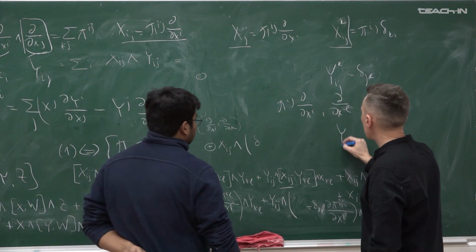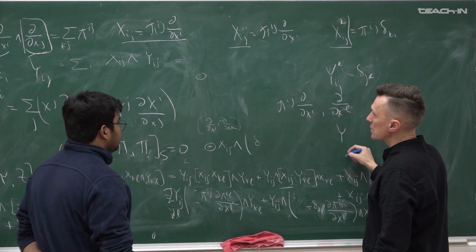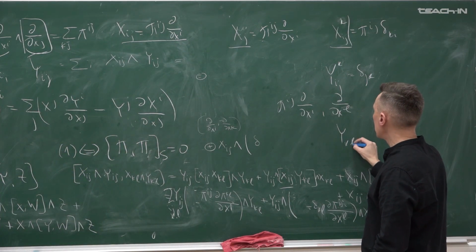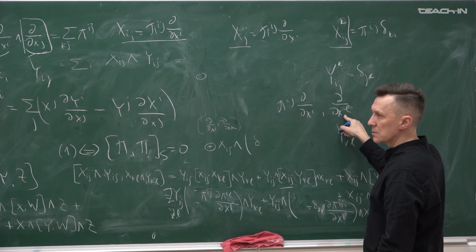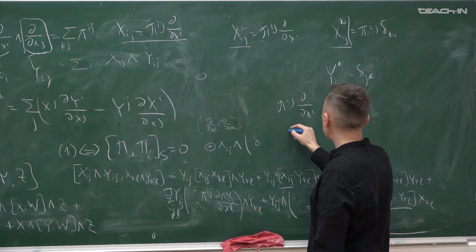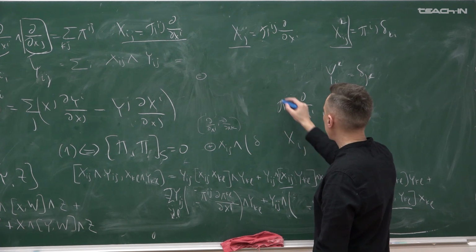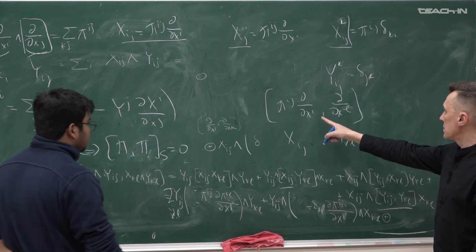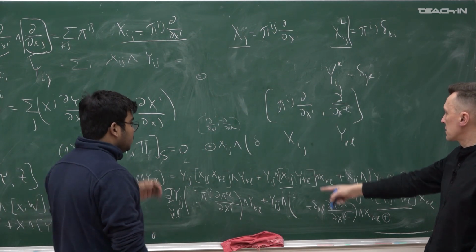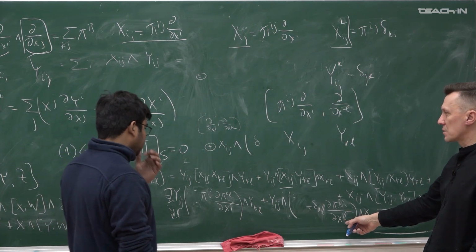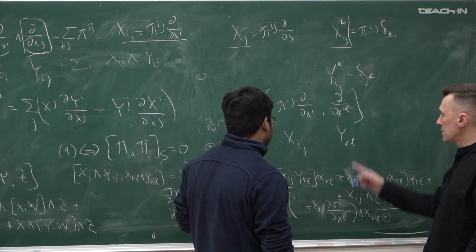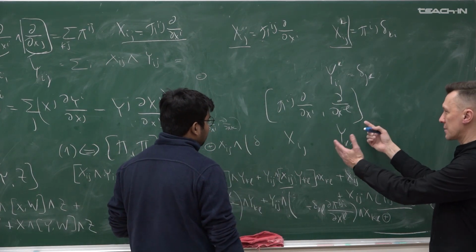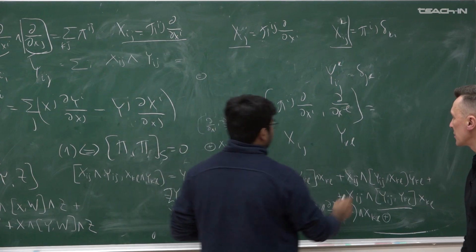So this is y kl. And this is x ij. Yeah, we have already done it. It is more visible here. You have more chances to make a mistake here. Okay, this is clear. What is the commutator of such vectors?